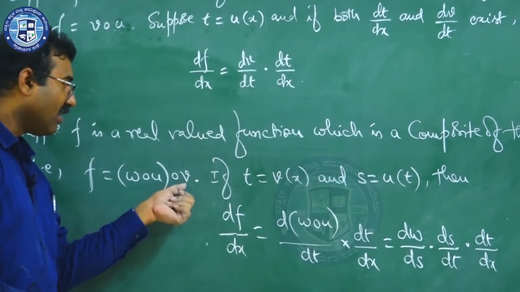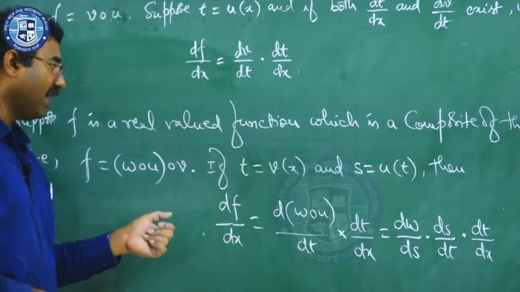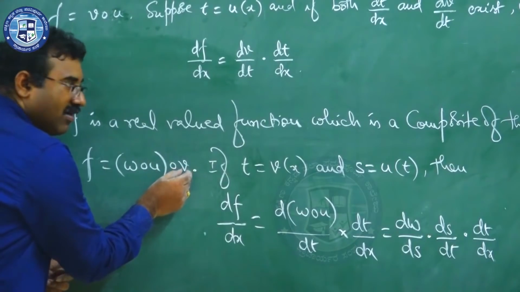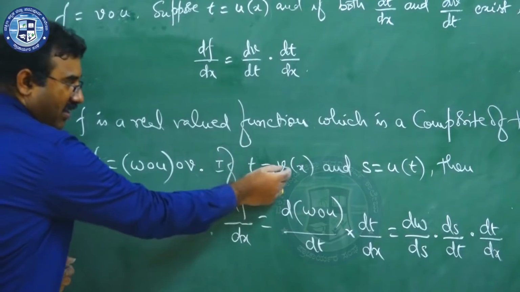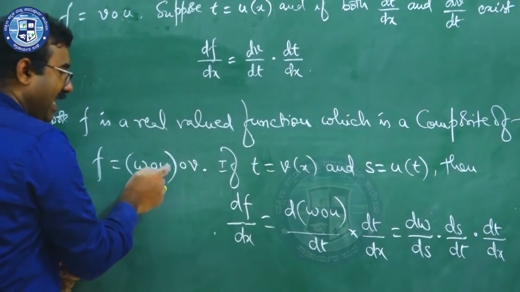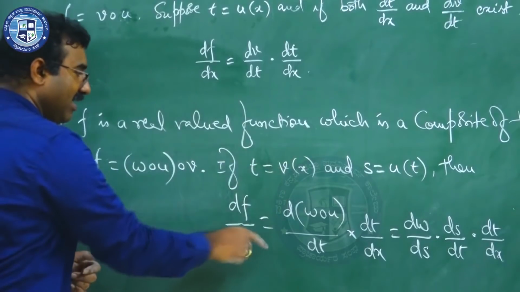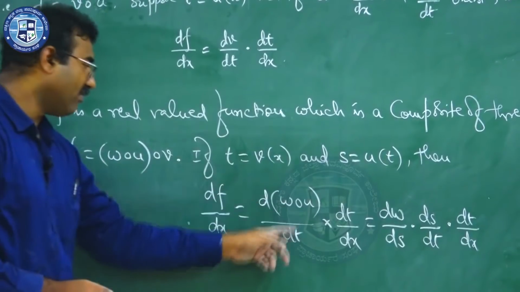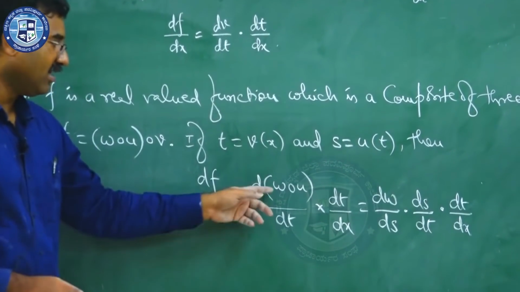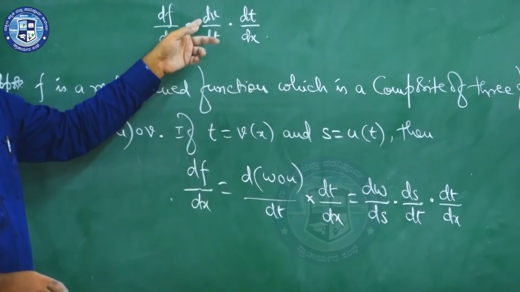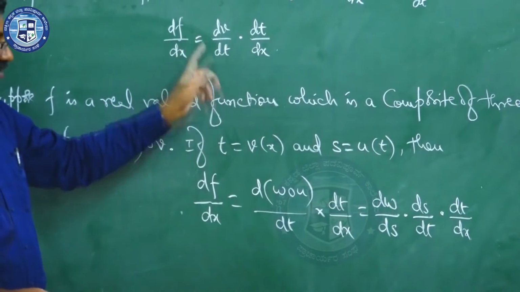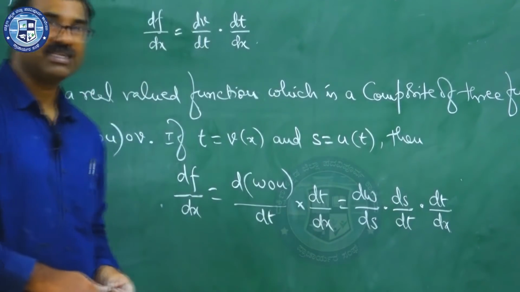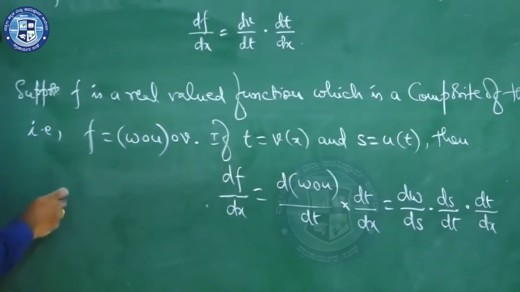Now we take v of x as t, and then u of t as s. Then df by dx is d of w composition u by dt into dt by dx, and again by the chain rule we can apply dw by ds into ds by dt into dt by dx.